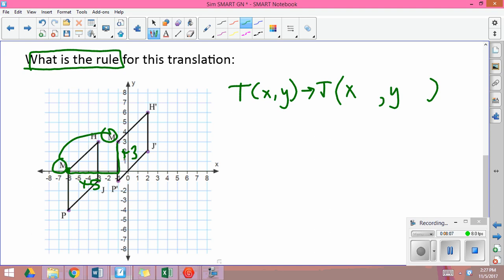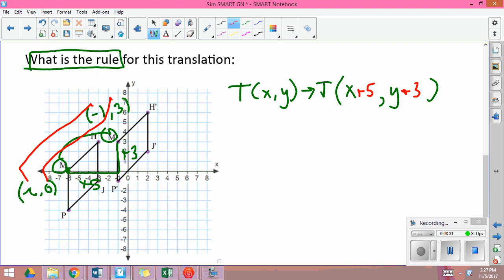You can either do it by looking at the graph, or if you look at -6, 0 to -1, 3, how do I change -6 into -1? I add 5. How do I change 0 into 3? I add 3. So then I say +5, +3.